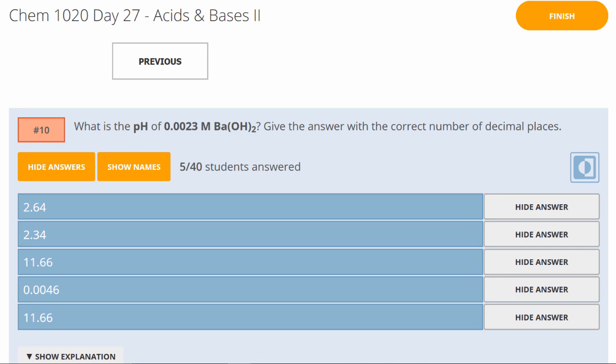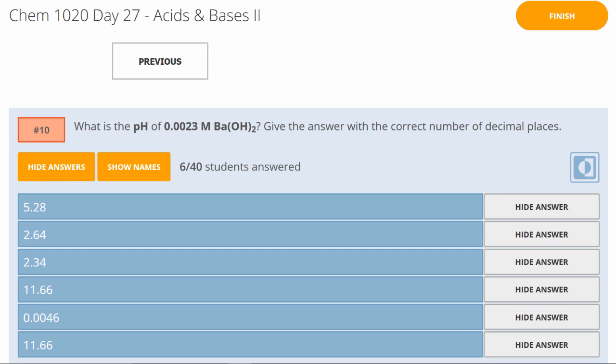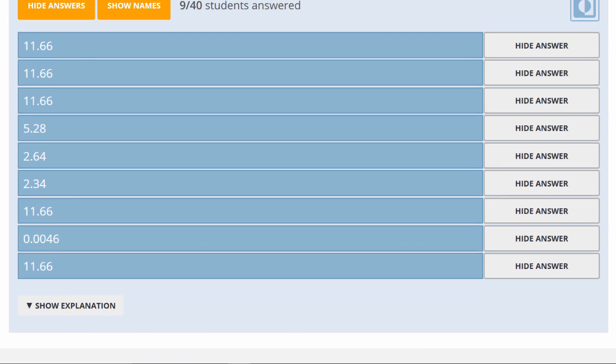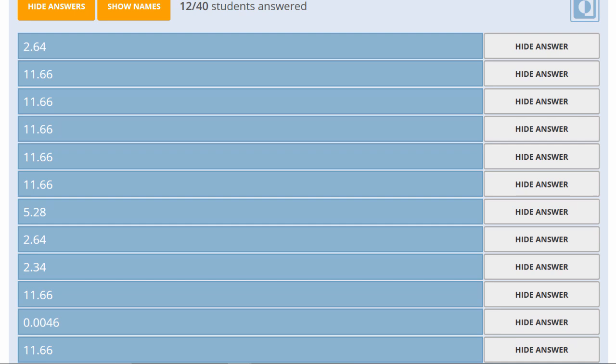I'm seeing 4 different answers up here. The correct answer is already shown up here though. So it is one of these numbers that is up here, and it is the number that is showing up most frequently. If you don't have that answer, find someone that does have that answer so they can explain it to you. It is 11.66.